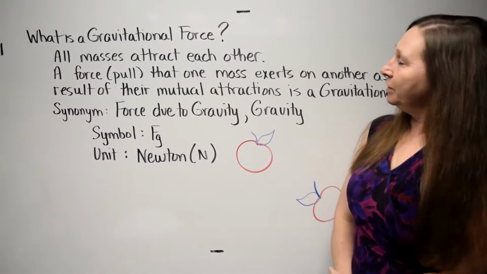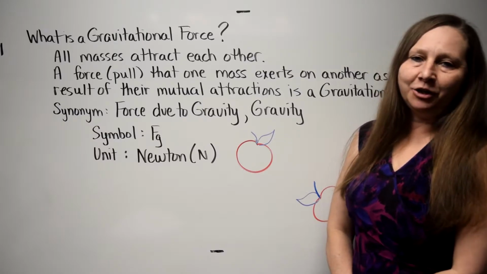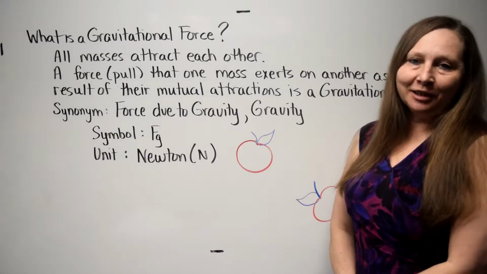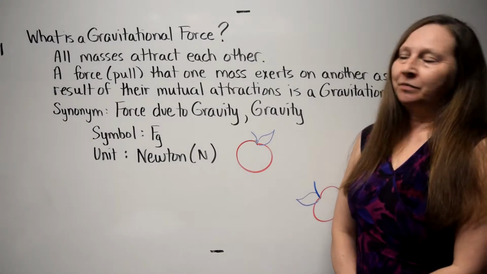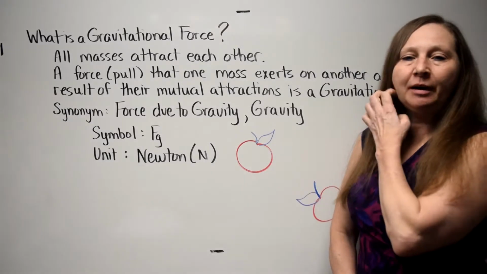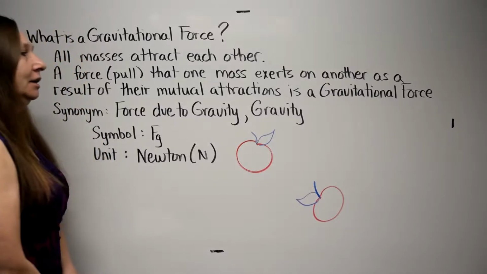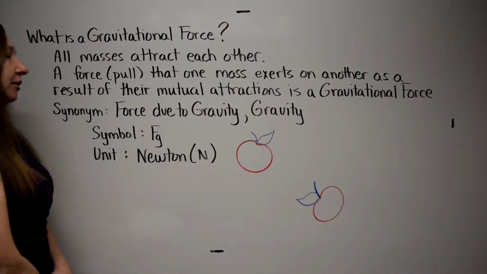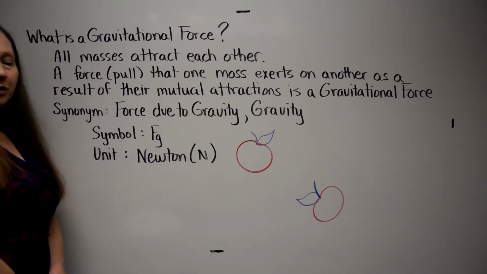So what is a gravitational force? Well, all masses attract each other. It doesn't matter whether the mass is solid, liquid, or gas. They all attract each other. A force can be a push or a pull. In this case, we'll be talking about forces that are pulling. A force or pull that one mass exerts on another as a result of their mutual attraction is a gravitational force.